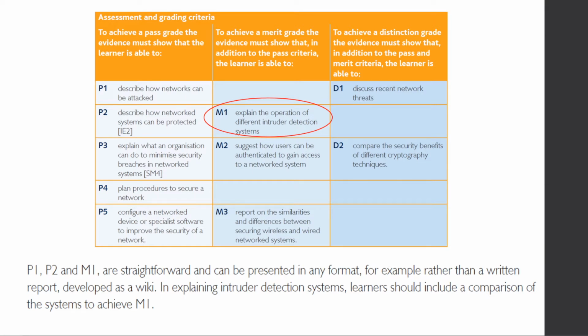So if you do talk about them, you need to compare them in terms of effectiveness and any problems with them as well. So which one's better for which situation or which company. You could say that some intrusion detection systems are better for bigger companies or for smaller companies, or are more cost effective because some of them might be more expensive than others. So it's basically things like that. You do need to compare them at some point for M1.